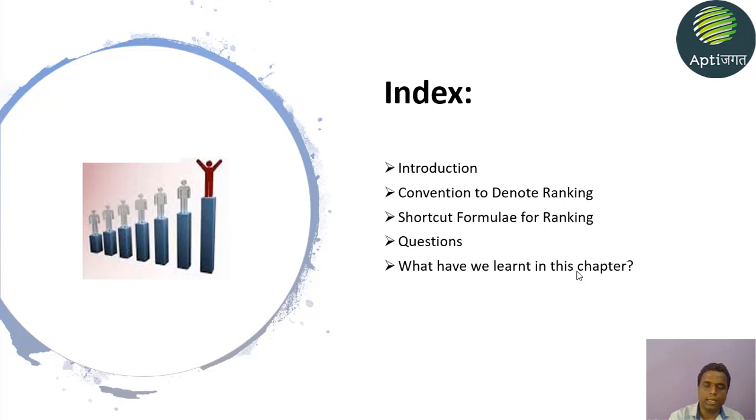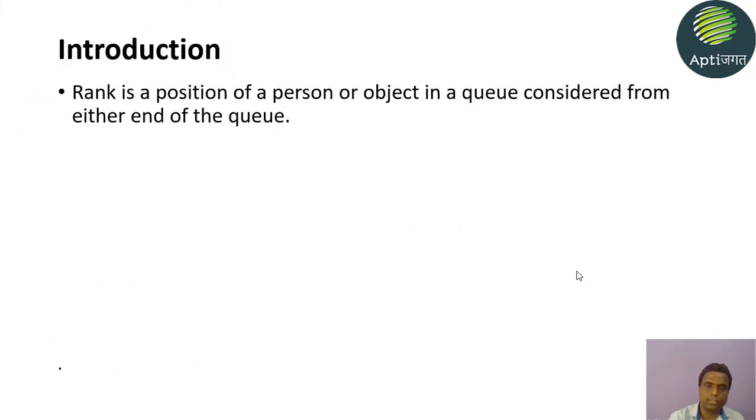So let's see position and ranking test. First, we will look into the definition of rank. What is rank? Rank is the place value of a person or an object in a queue. Means if he is standing in a queue, there are certain different people in the queue. So if a person is standing at the third position from front, we will say that he is at third position from front.